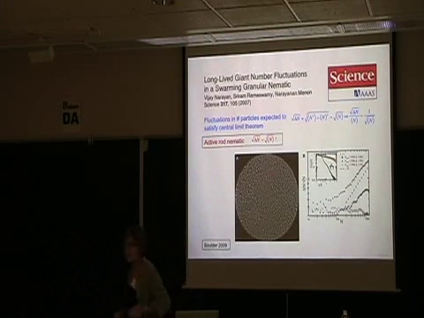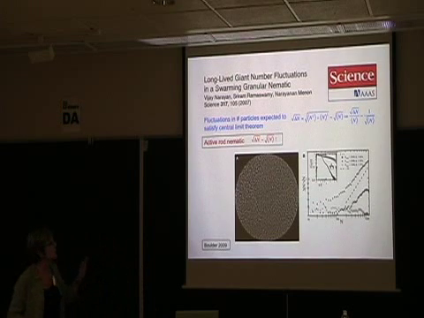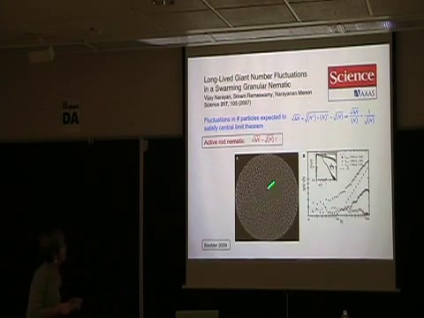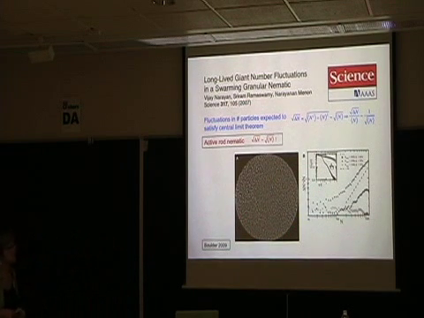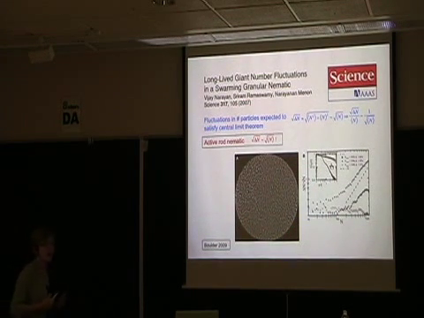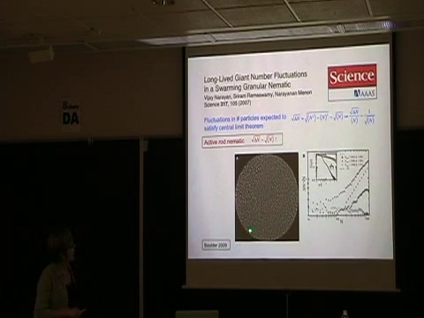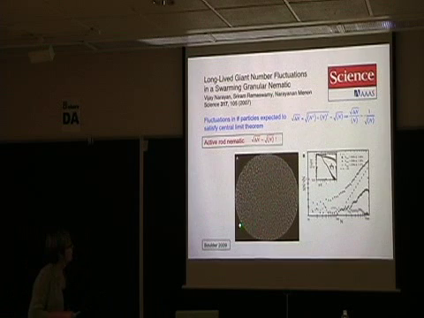And one more system I want to show you, which is now not a living system, but I thought this result would appear with this kind of system. Another thing that one sees in this kind of system are usually unusual long-range correlations. This is a vibrated layer of granular rods that I was talking about before.